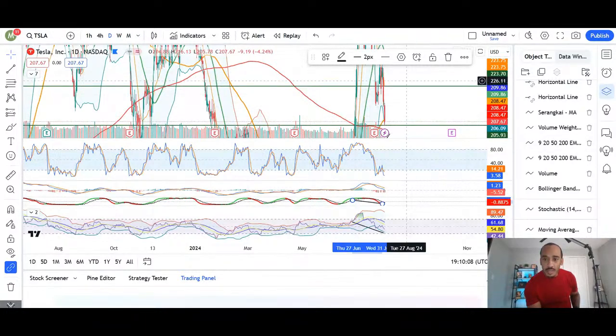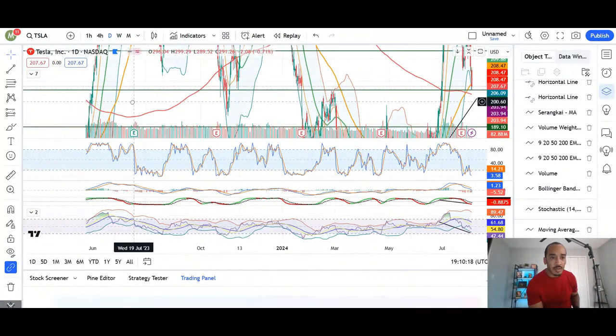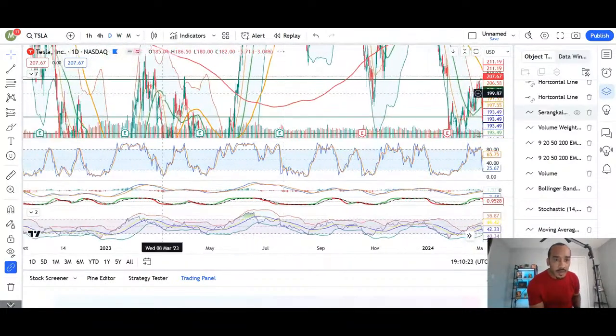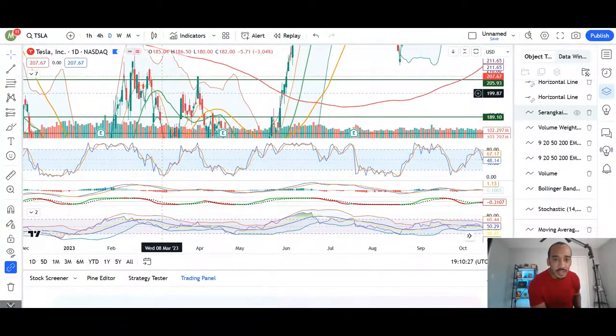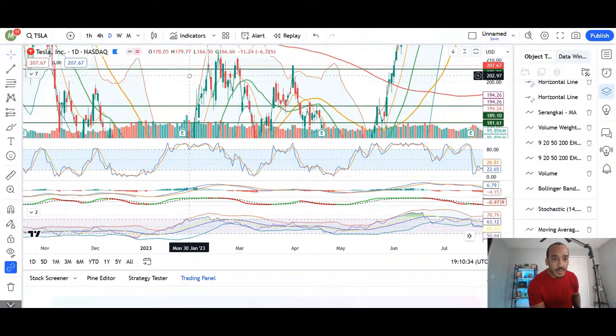If you look at this line underneath that last candle where we bounced up from, we've been bouncing from that area a couple times. So that's a strong level of support for Tesla. Let's go back. As you can see, Tesla just always rejects off of this green line right here up top. It rejected here. Let's go back.